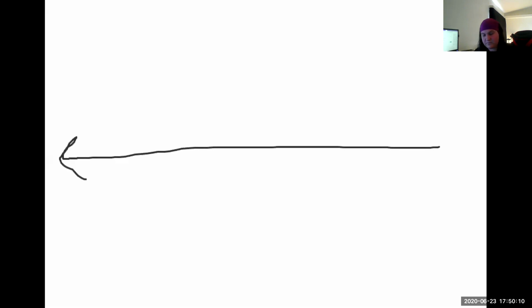Okay. So write in increasing order: -5, 5 2/3, 0.523. So if we're looking at a number line, and we know that this is 0, we need to write in increasing order. So we need to start from the least to the greatest.